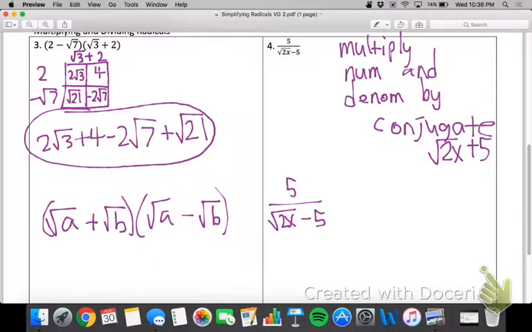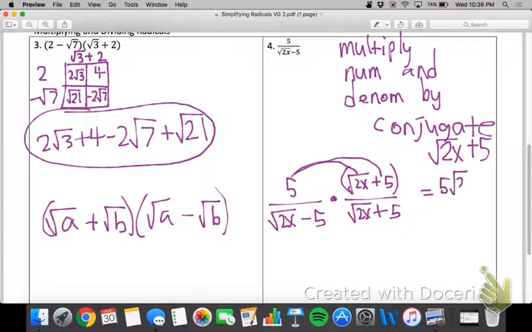I'm going to multiply the numerator and the denominator by square root of 2x plus 5. So for the numerator, we can just distribute. So we'd get 5 root 2x and then plus 25.